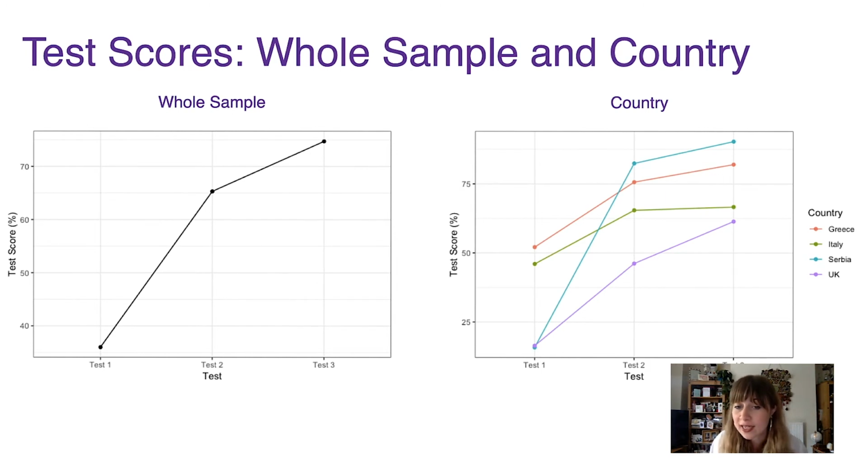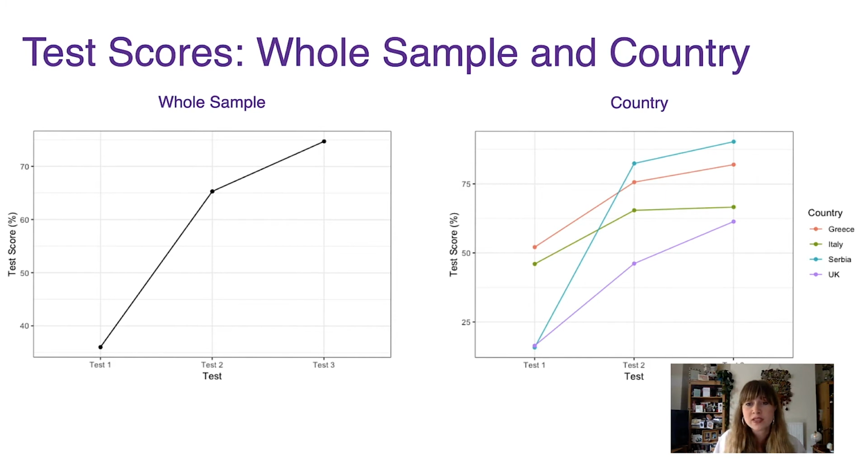In Italy, we have the second highest initial test score, and it again increases between test 1 and test 2, and then it plateaus more between test 2 and test 3. Serbia and the UK have the lowest initial test scores on average, well below 25%.